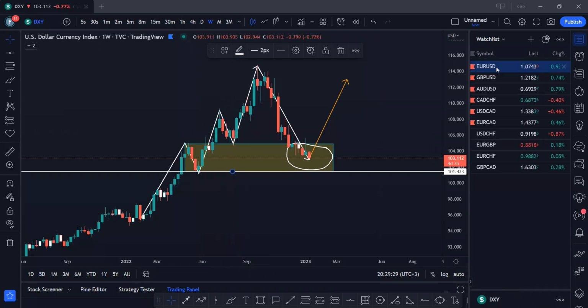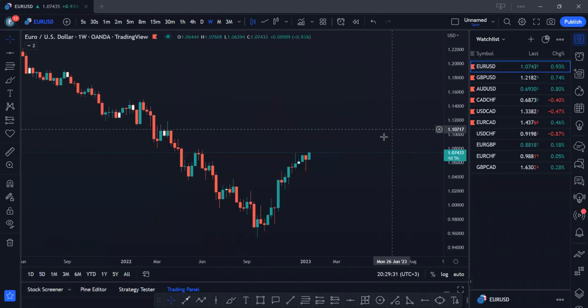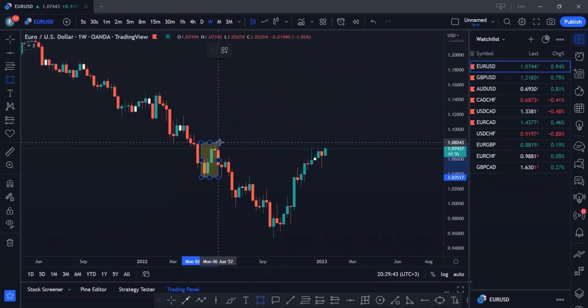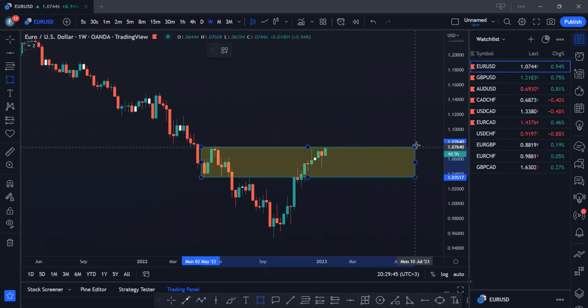So let us go back into the Euro USD and see what's going on, right? Again, similar structure as we have on the index. Let us mark out our demand and supply zones here. So price right now is currently reacting to this range of supply here. All right.